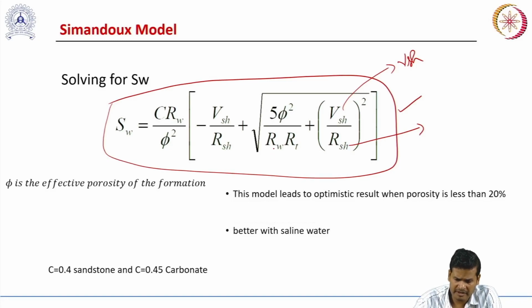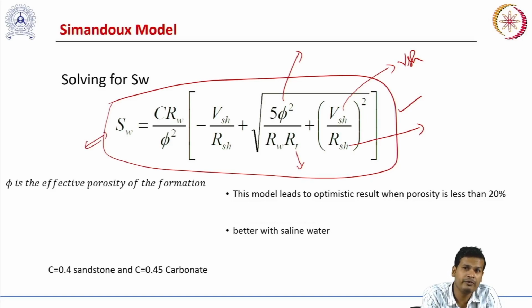The formation water resistivity is also required. Rt will come from the log data. Phi, the effective porosity, must be measured from any of the logging tools. And the value of C for sandstone can be taken as 0.4 and for carbonate can be taken as 0.45, and Sw can be calculated.